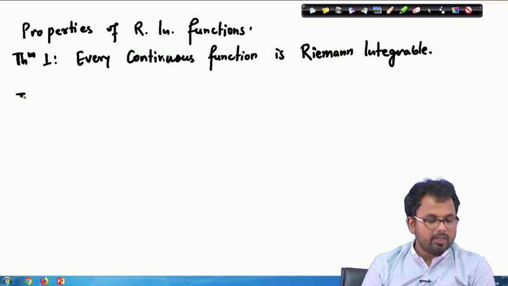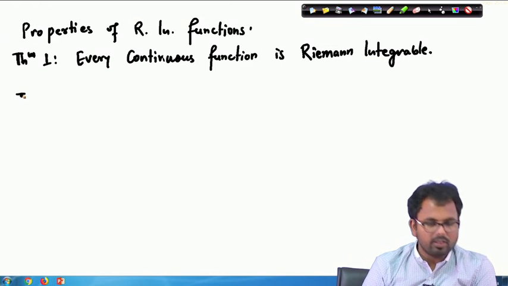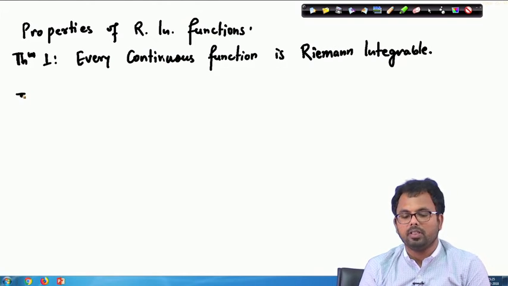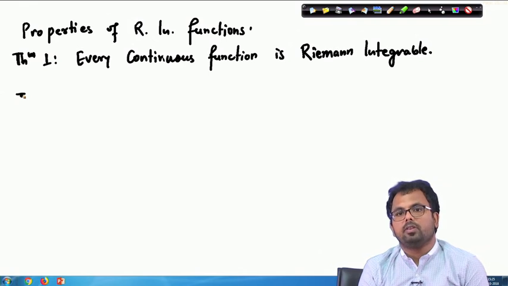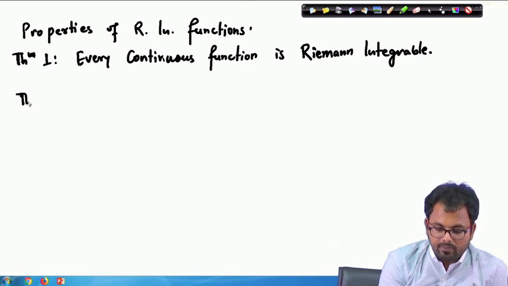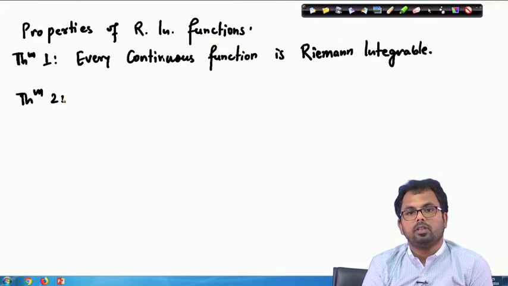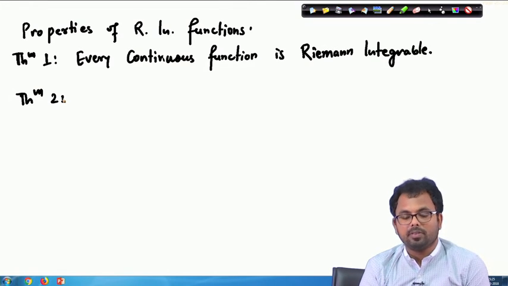The proof is not long, but you can look into any books for it. Here I am just listing some of the important properties of Riemann integrable functions. For the proofs, I would recommend looking into the references which I showed you in the first class, and there you will be able to find the proofs of these theorems.